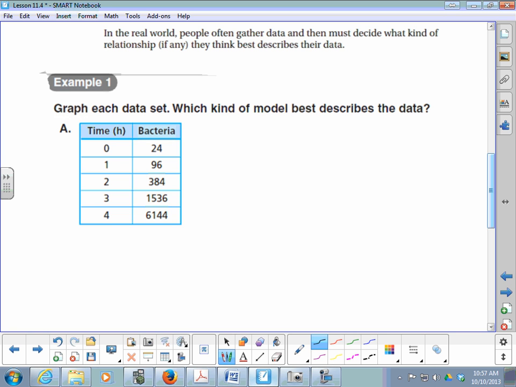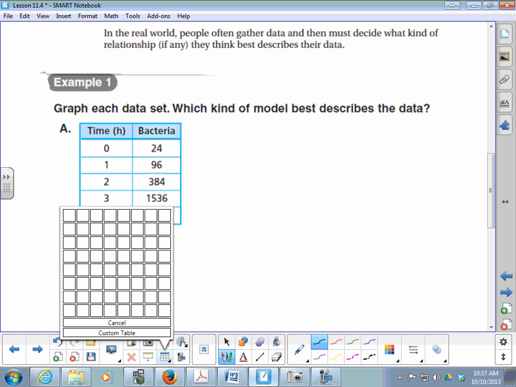We're going to do a little bit of graphing, and we're going to use a graph here first of all to figure out which is the best model. Hopefully some of these you'll be able to figure out right away by looking at the graph, and then we'll talk about how you can do it by figuring out what's happening with the data.